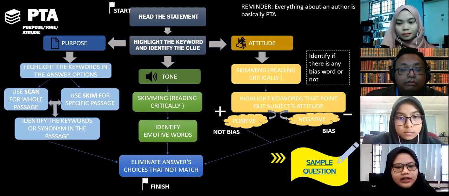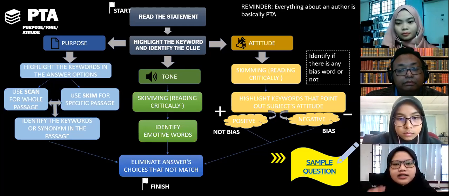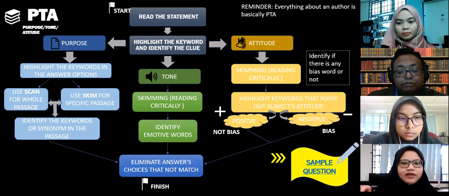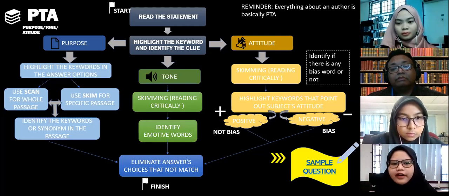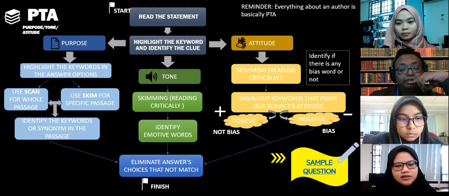As an example, if the passage uses the word "describes," and there is an answer option that says "explain," it is the same. Another answer option might use something like "exaggerate." So you need to find the most suitable word that matches the answer options.